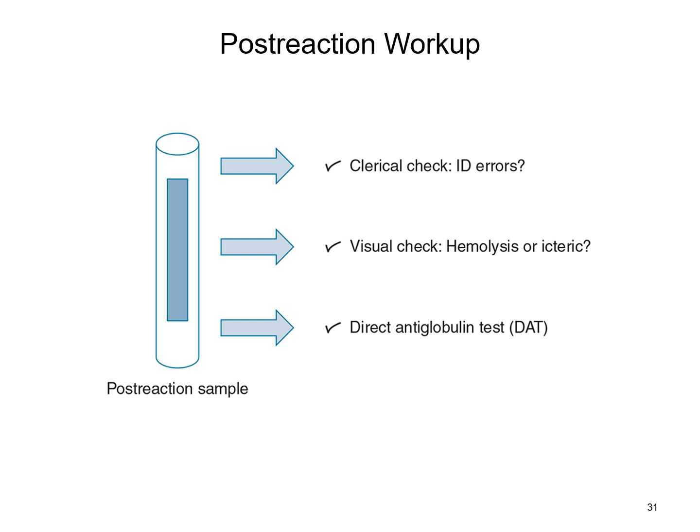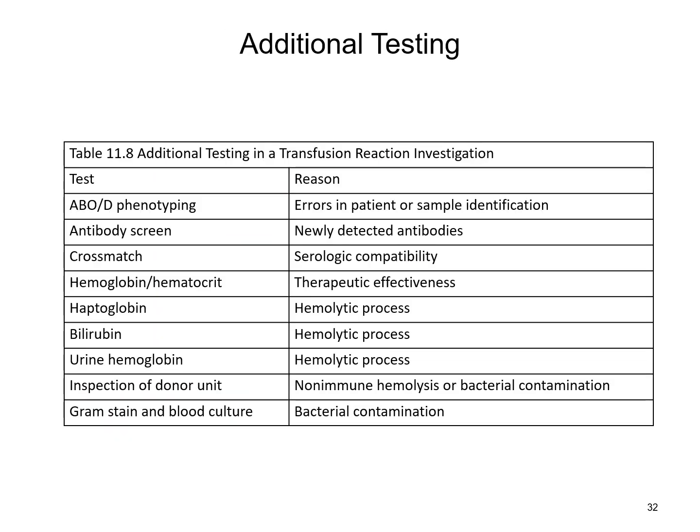DAT testing. You're always going to do a DAT test to determine if those cells have been coated with any sort of IgG antibodies or complement. Depending on your lab and what their protocol is, typically you're going to do a repeat blood type.